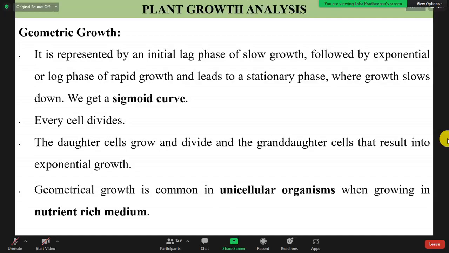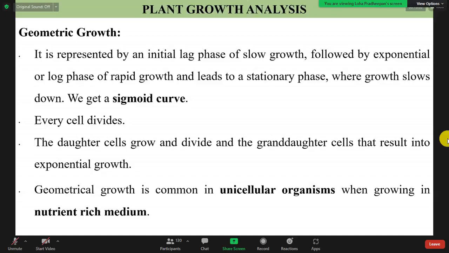The growth curve of the plant is one example of geometric growth, because if you put the seed, initially the growth rate is slow, because it can only utilize the reserve available for germination. After germination, the few leaves do only a little photosynthesis. In that case the growth is slow.